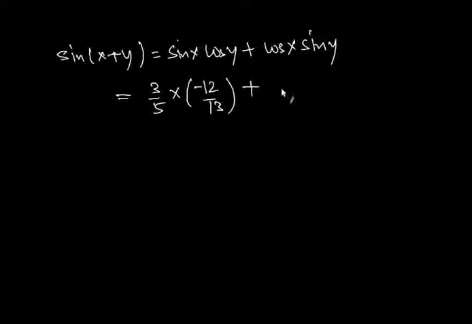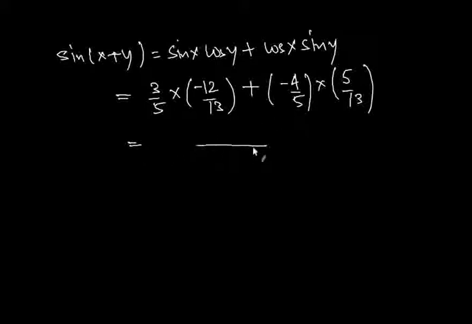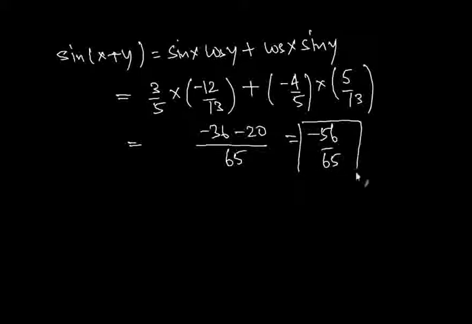Cos x we agreed would be a negative number, equal to minus 4 by 5, and sine y was going to be a positive number, equal to 5 by 13. You just do this calculation, using a calculator or whatever, and this comes down to minus 36 minus 20 over 65, which is equal to minus 56 by 65. So sine x plus y is equal to minus 56 by 65.